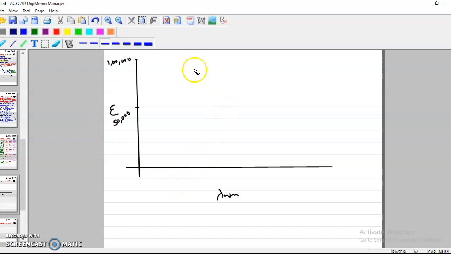And if we discuss here the graph of different polyenes, then the common formula would be C double bond C, n times. Okay. So n is very important.